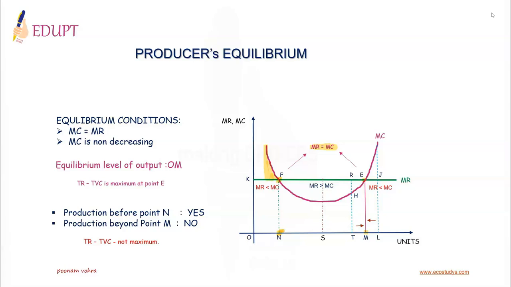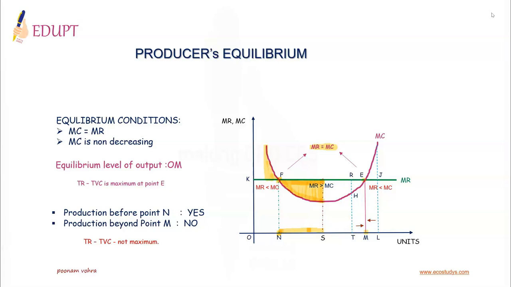If production is increased beyond the ON level of output, the producer finds that now his marginal revenue is greater than marginal cost. So he earns profit. The profit increases till point S is reached, that is where the difference between marginal revenue and marginal cost is maximum.